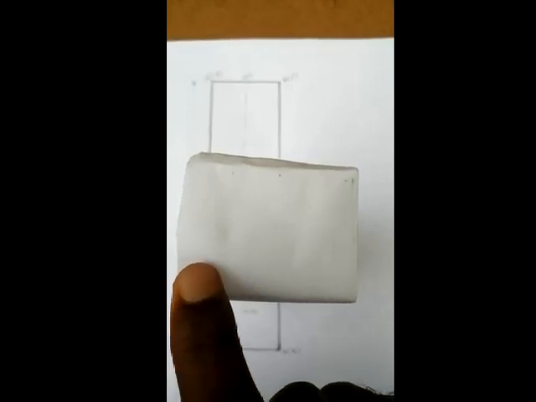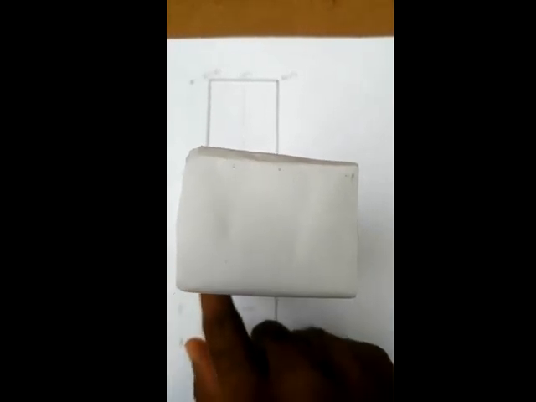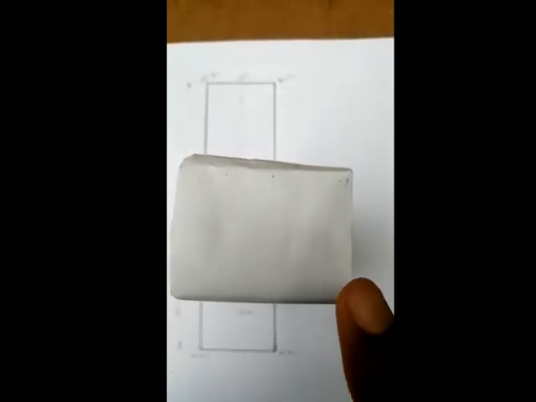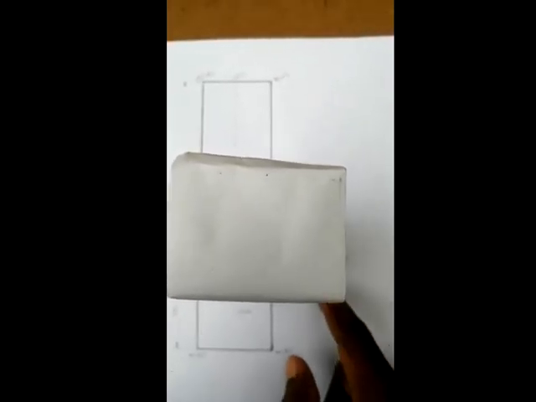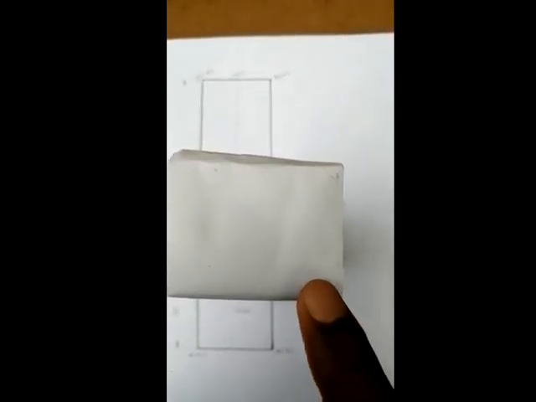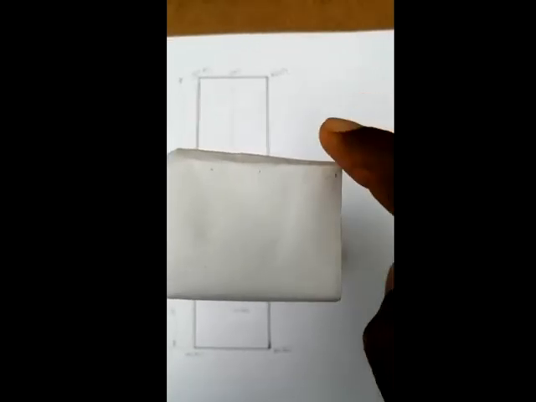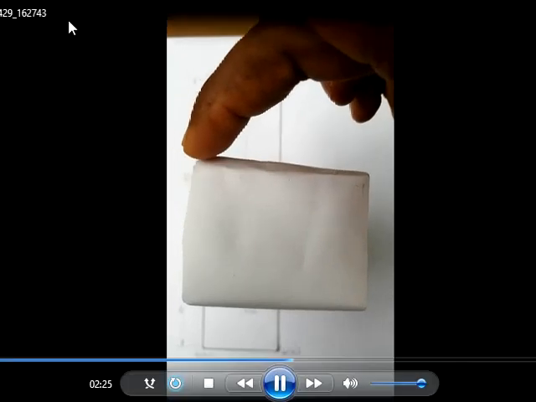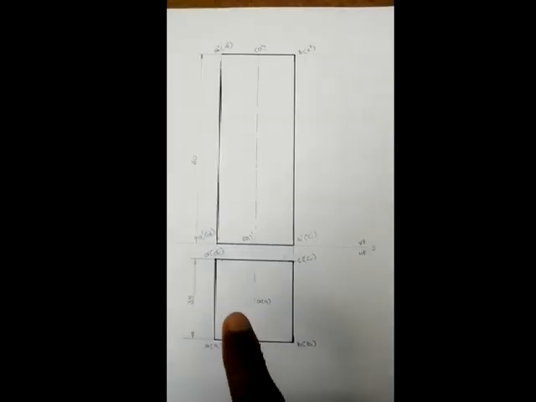So here at this point A is visible, A1 is hidden. So A will be outside bracket, A1 will be inside bracket. Here B is visible, B1 is hidden. So B outside bracket, B1 inside bracket. Similarly here C outside bracket, C1 inside bracket. And here D outside bracket and D1 will be inside bracket. So same thing is indicated here.